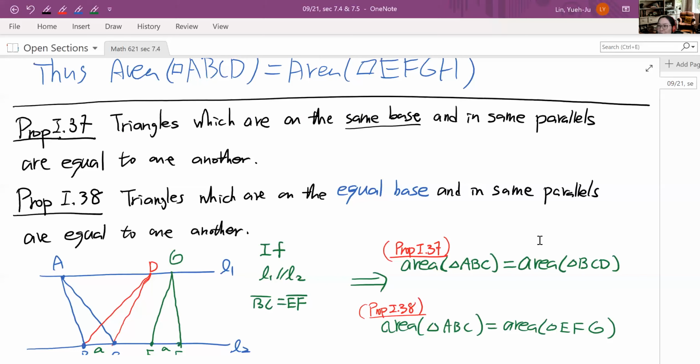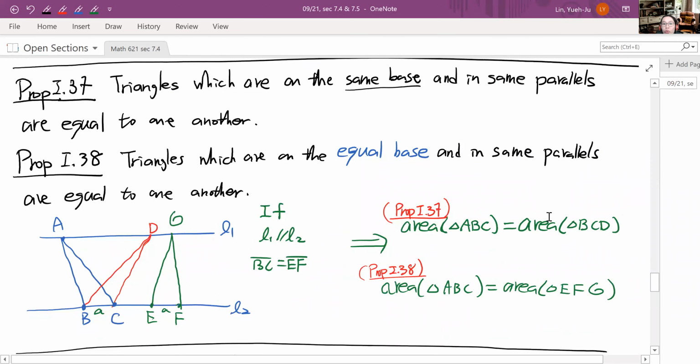So intuitively, we should have the exact same property for triangles which lie in the same parallels. So essentially, propositions 37 and 38, which I'm not going to prove because they essentially use what we just saw, tell us that triangles which are on the same base and in the same parallels are going to have the same area. And the same thing for proposition 38: it tells you that triangles having equal bases and in the same parallels also have the same area.